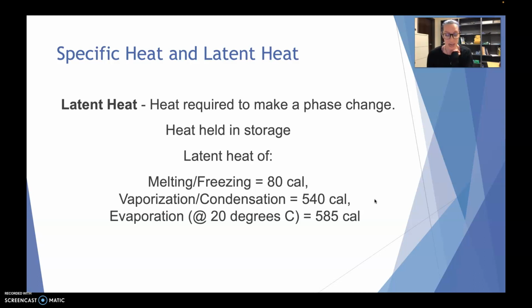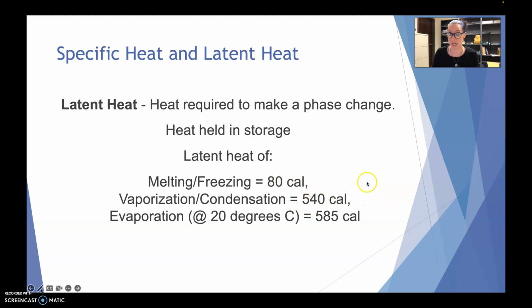We ingest calories when we eat, and that gives our body energy to continue on doing its body stuff. So a similar sort of idea, in terms of the amount of energy it takes for these processes to occur. The biggest thing here is that it takes so much more energy to condense or vaporize than it does to melt or freeze.